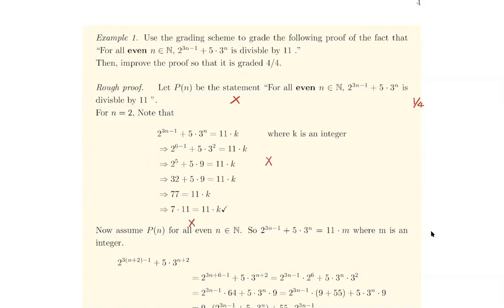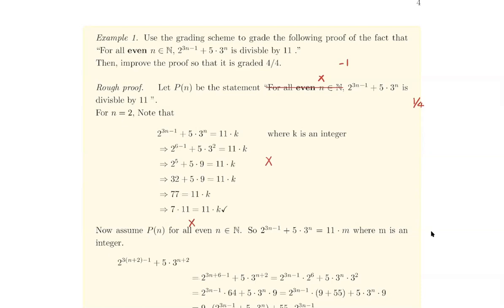That's the wrong part. You don't have this in your P(n). You want to show P(n) is true for all even n in natural numbers, so you don't put this inside. Your P(n) would be 2 to the power of 3n minus 1 plus 5 times 3n is divisible by 11. That's your P(n). So that's the first mistake. Let me put it here: minus 1 because P(n) is wrong.